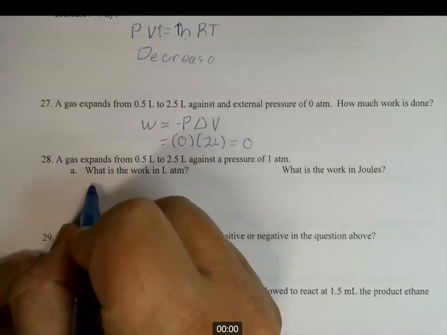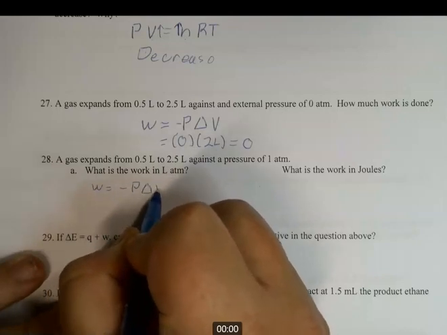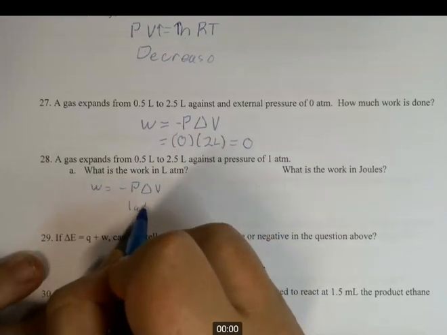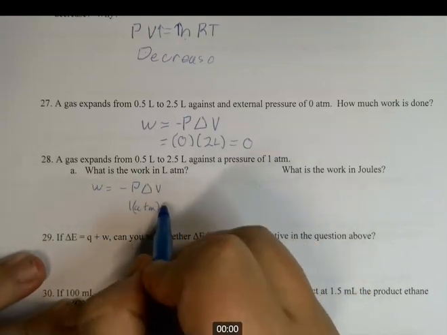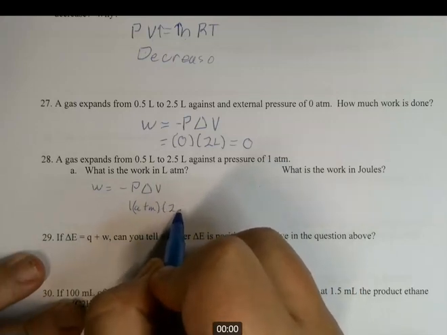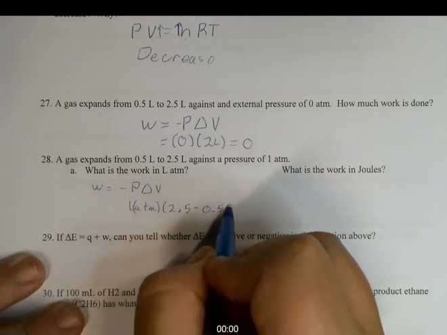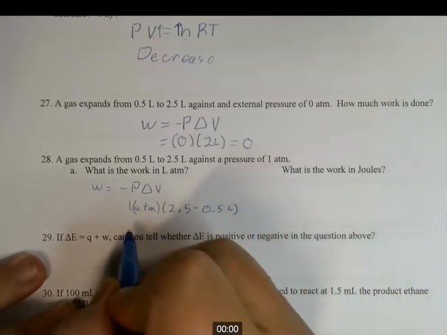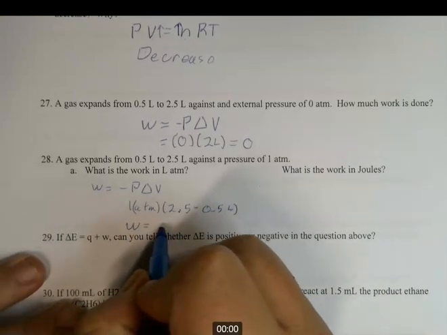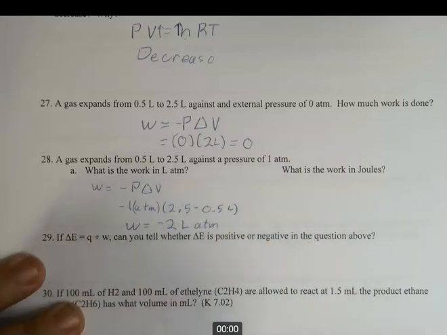So we simply use our formula for work, which is W equals negative P delta V. The pressure is 1 atmosphere, and the delta V is 2.5, that's the final volume, minus 0.5 liters. So that's going to be 2 liters. And so work is going to be negative 2 liter atmospheres.